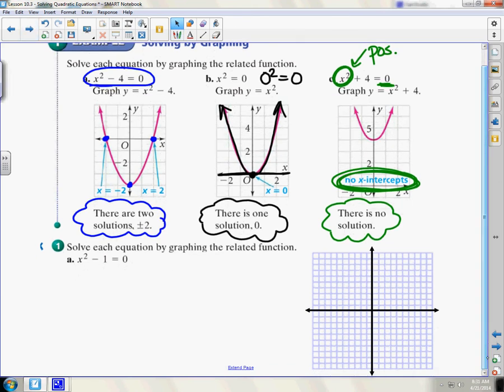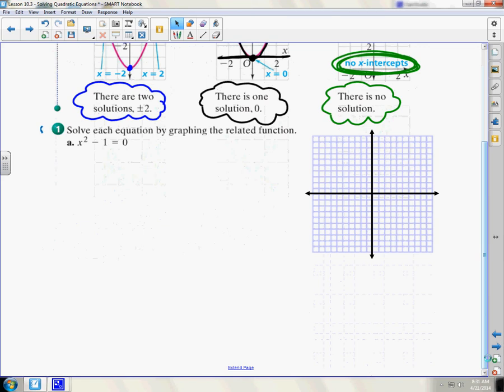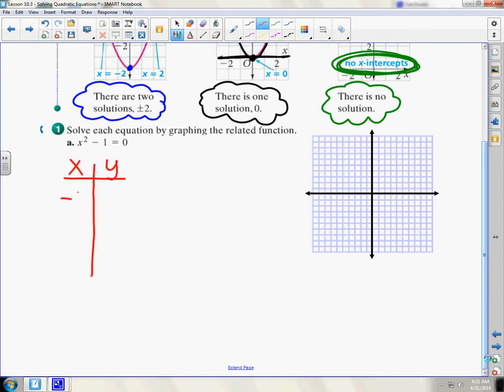Okay, so graph this. Solve each equation by graphing the related function. Graph this real quick on your notes, and then we'll talk about the solutions. You can do this a couple different ways. If you like, you can do the table and pick 3 points and graph it.